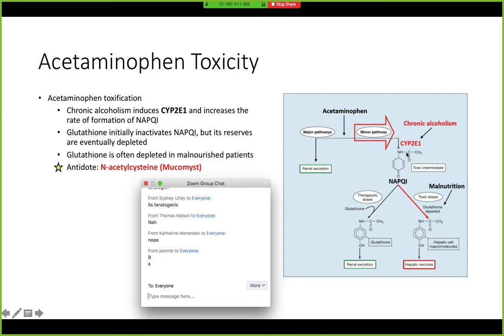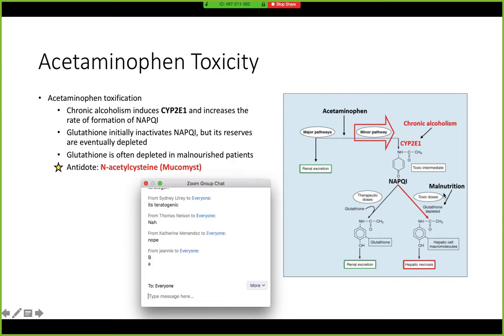So just in case, with your acetaminophen toxicity, you have a chronic alcoholic, and that's going to induce CYP2E1 and increase the formation of NAPQI. This is initially inactivated by glutathione, but your reserves get depleted.